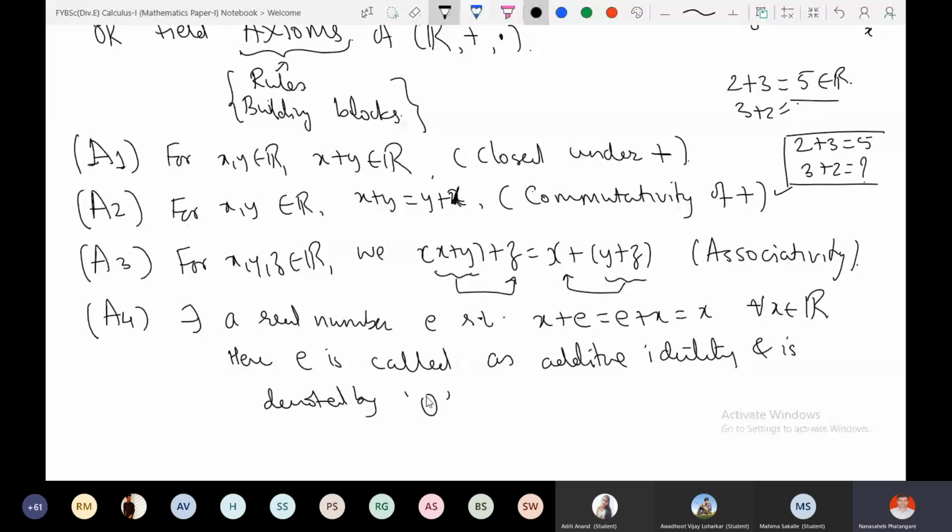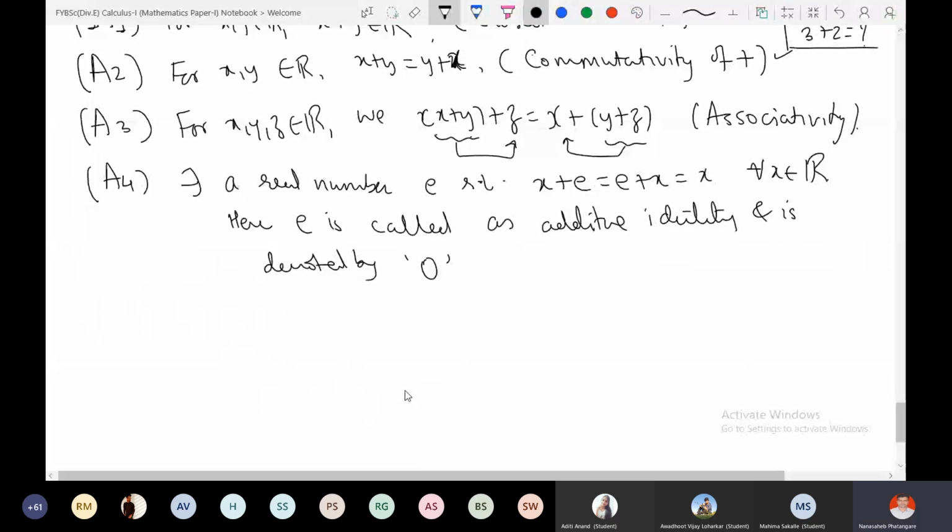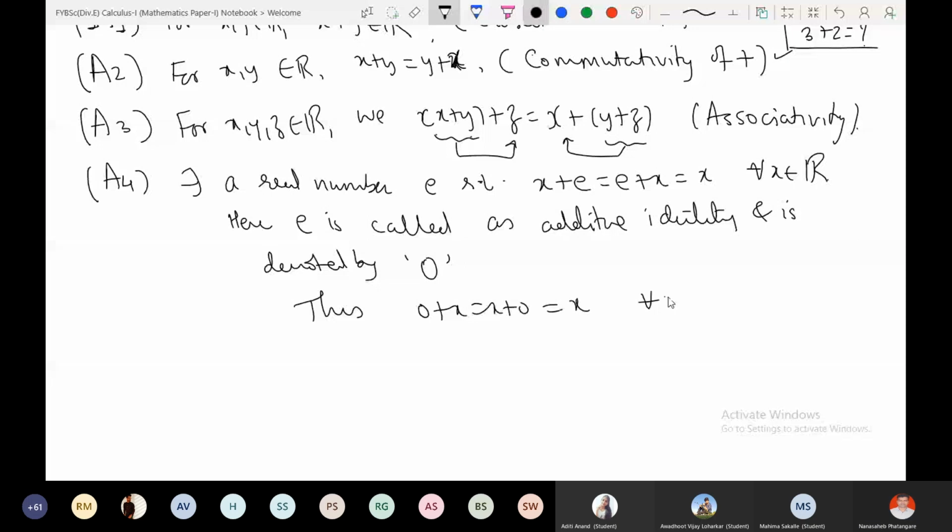Right, so what is identity? Additive identity 0. Thus 0 plus x is x plus 0 is equal to x for every real number. Fine. Now for every, you choose any real number x, there exists y, another real number, such that x plus y is the additive identity.